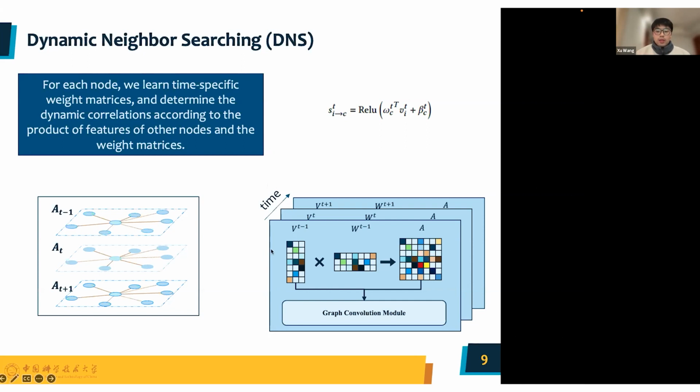As illustrated in this figure, at each time step, we have weight matrix W and node feature V. Then we determine the adjacency among nodes by the product of V and W. Such operation leads to dynamic adjacency matrix at different time steps.